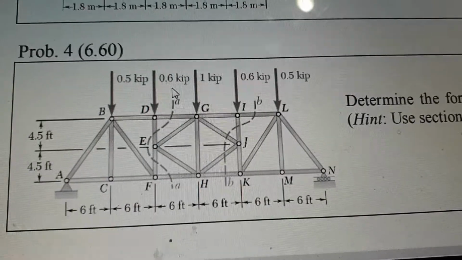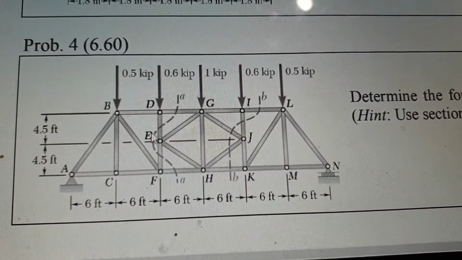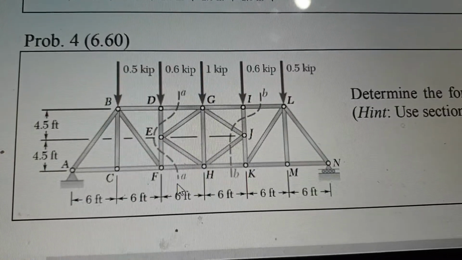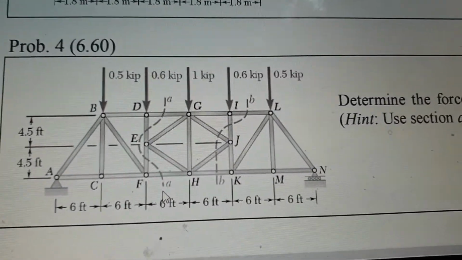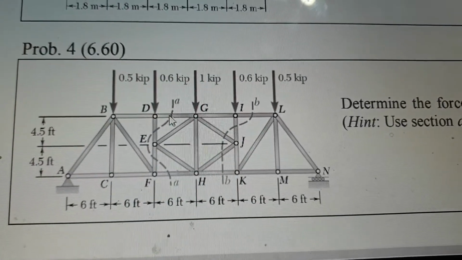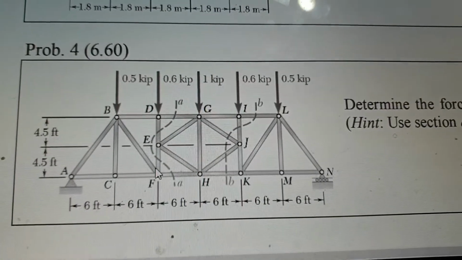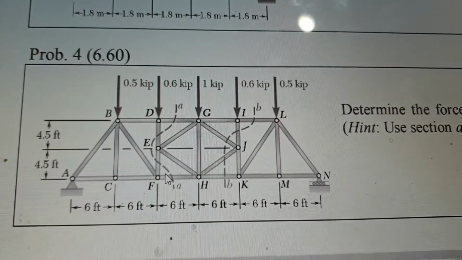So he wants this cut. So you're going to cut this truss like this. Okay, and he wanted to find out force DG, this force DG, and force FH. Okay, nice.